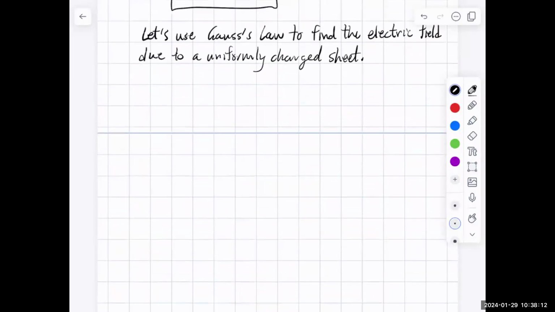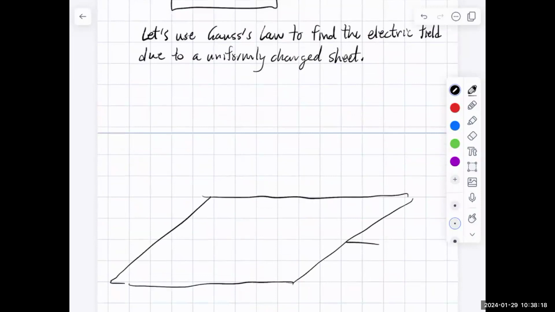So I'm going to draw a sheet. I can only draw a section of it, but I'm imagining that this sheet is very big. So it extends to, say, plus minus infinity in the X and Y directions. And then we place some charge on this sheet.